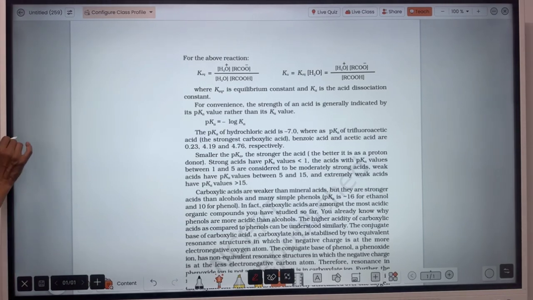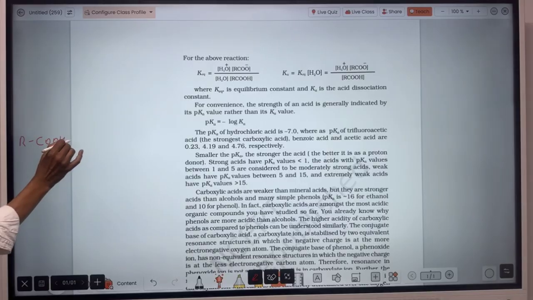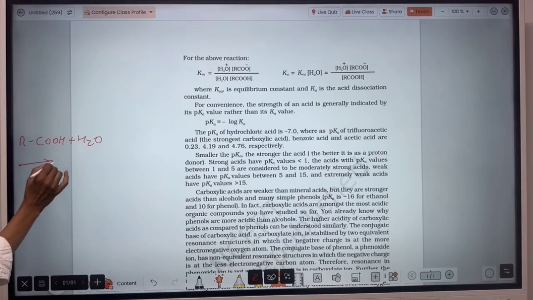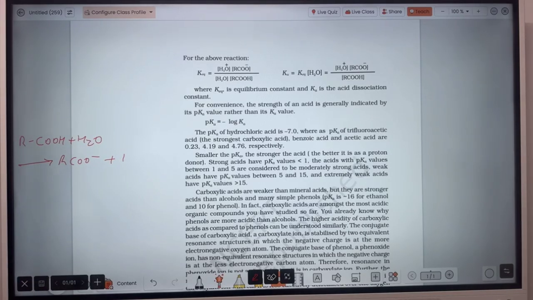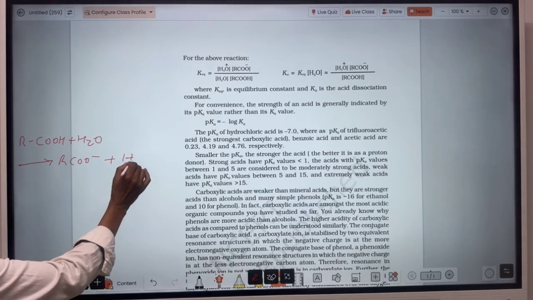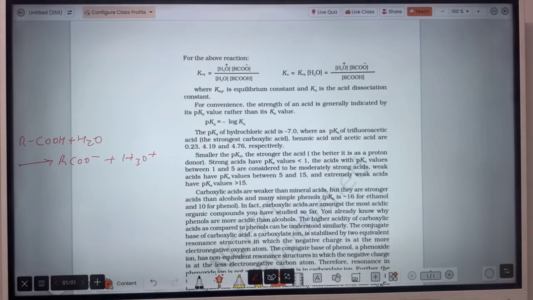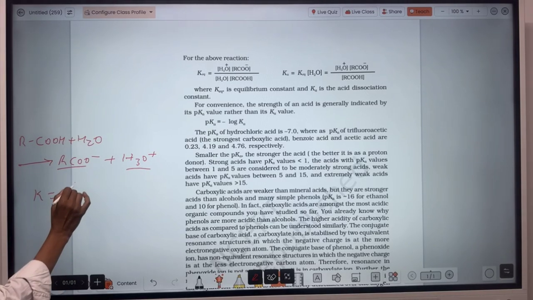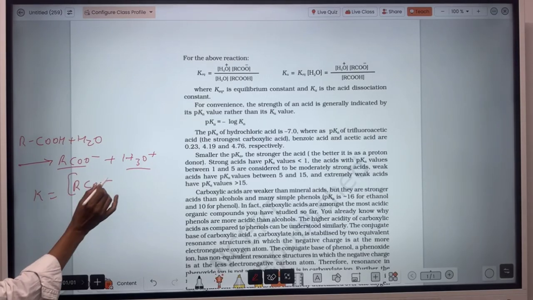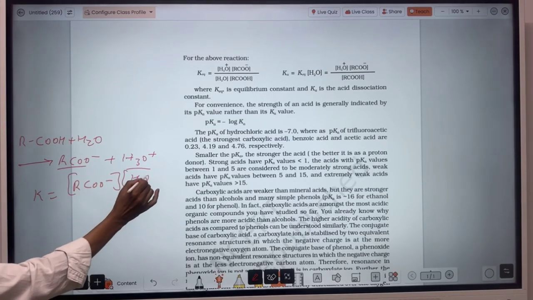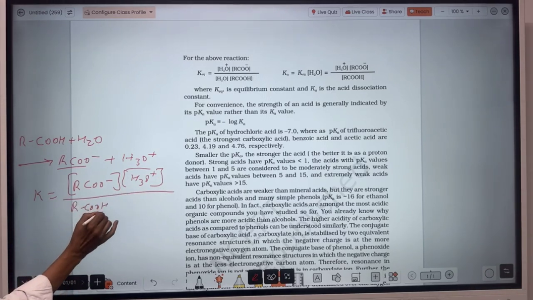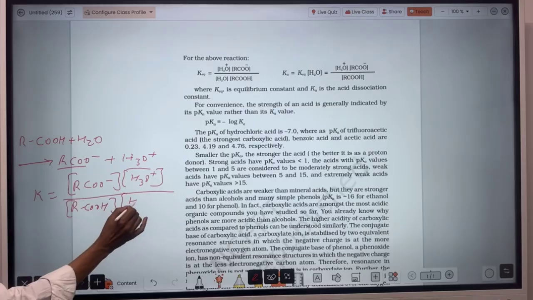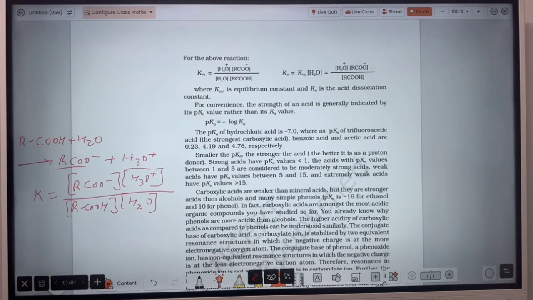This is a carboxylic acid; if it dissolves in water, there will be formation of RCOO minus and H3O plus. The equilibrium constant is the concentration of RCOO minus times the concentration of hydronium ion, upon the concentration of carboxylic acid times the concentration of water.